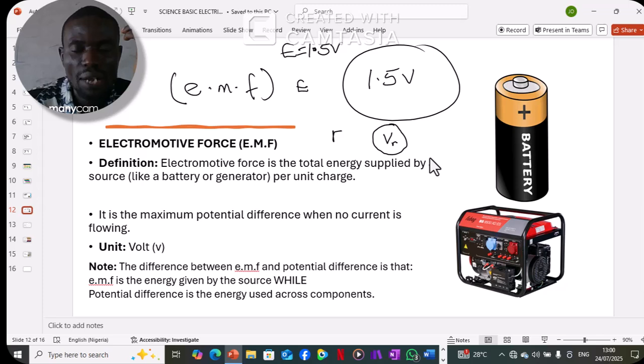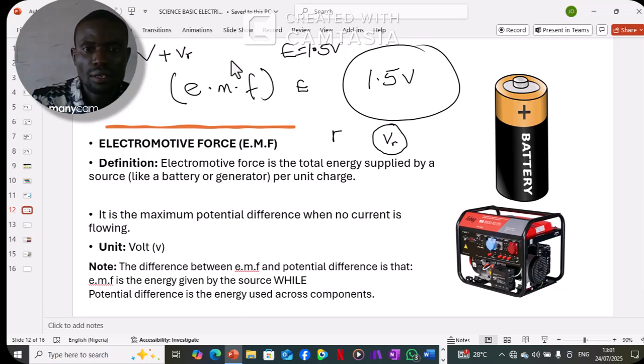That will say you cannot go. So the total energy of a cell equals the one read by the voltmeter plus the one held back by the resistance of the battery. The one held back by the resistance of the battery is called lost voltage, while this one is called voltage drop.